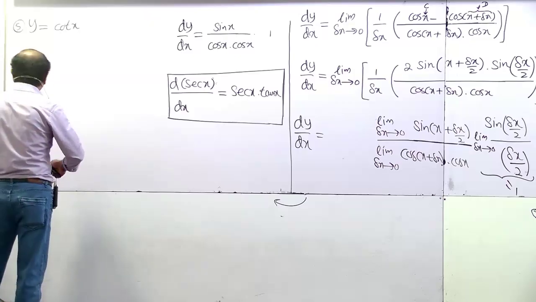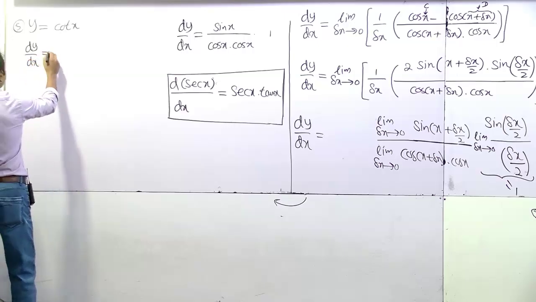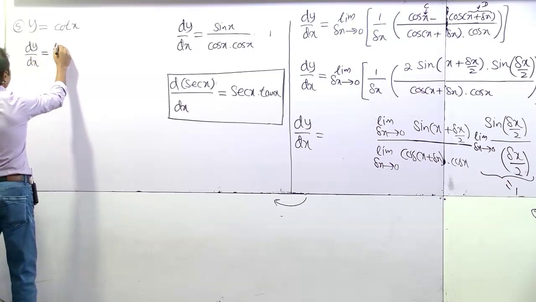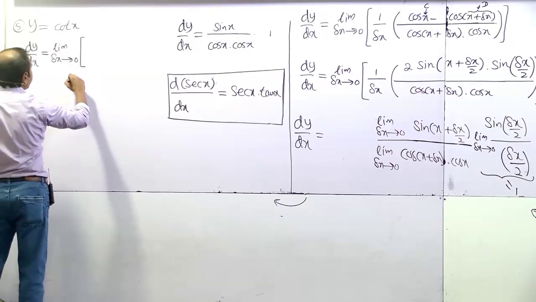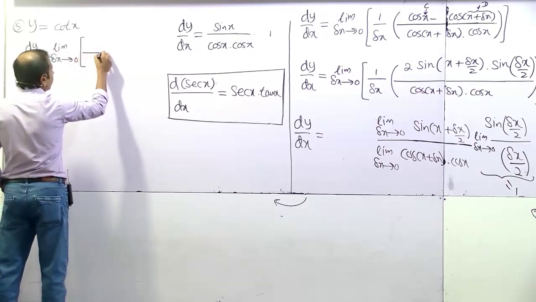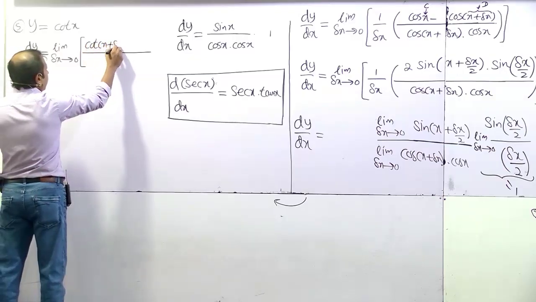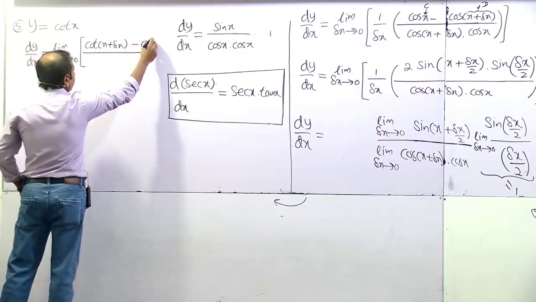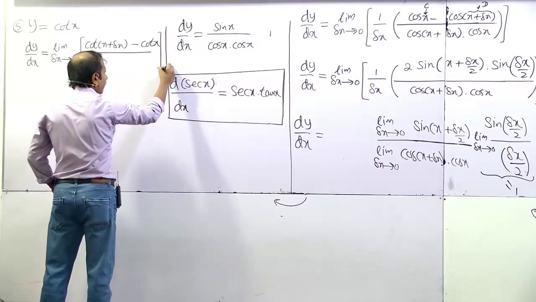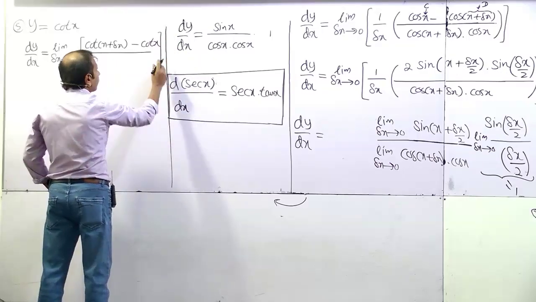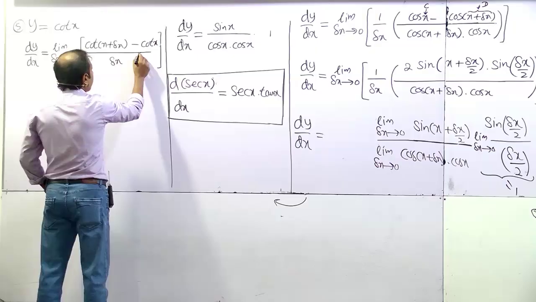You can write here dy by dx, limit delta x going 0, here cot x plus delta x minus cot x, divide by delta x like this.